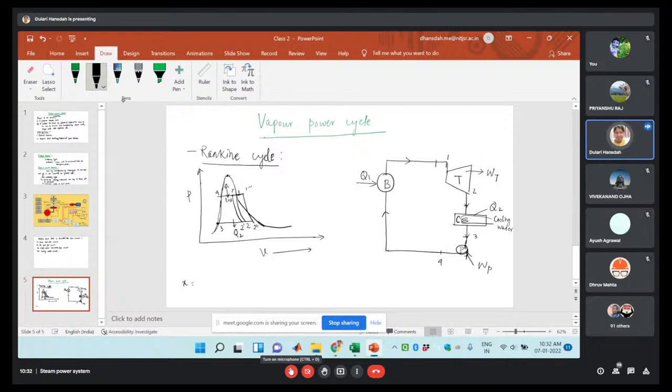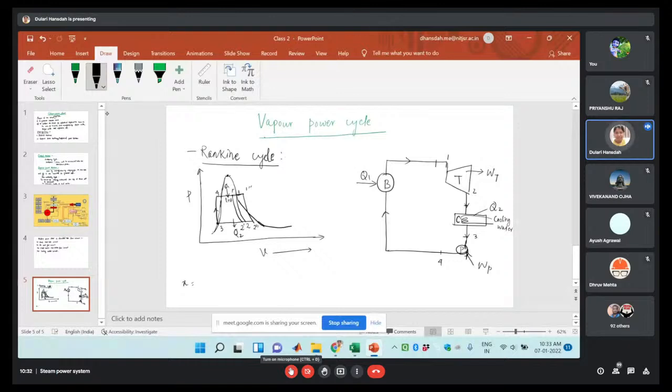From 3 to 4 again there will be the reversible adiabatic compression work. That compression or pumping work will be done by the feed pump. It can be shown like this. So it is the PV diagram of your theoretical cycle, that is the Rankine cycle.